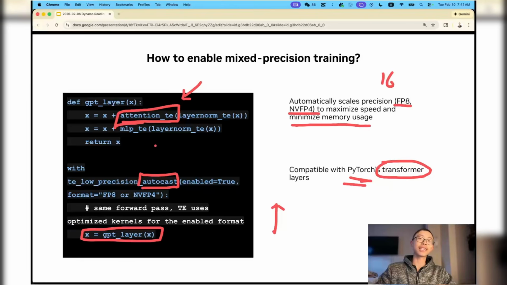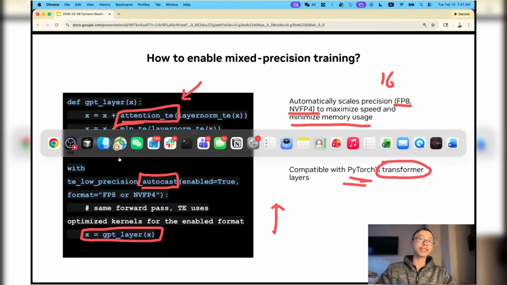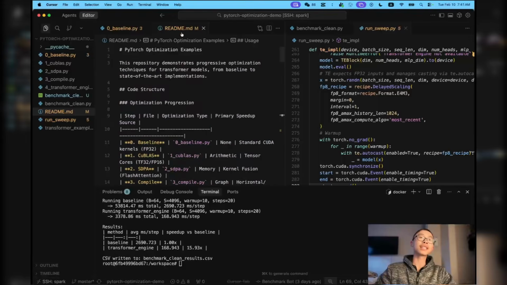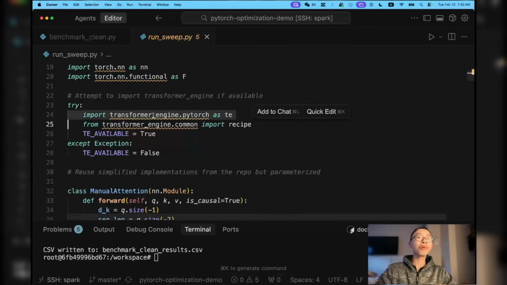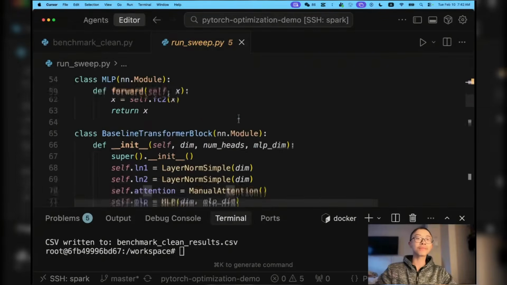How does this look in real code? Let's give a quick demo. The link is in the repo; this repository demonstrates optimization techniques for transformer models. How to implement a transformer engine? You simply import transformer_engine.pytorch as te.